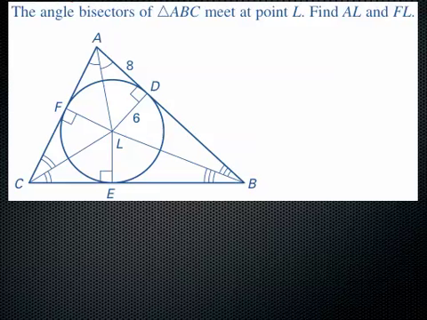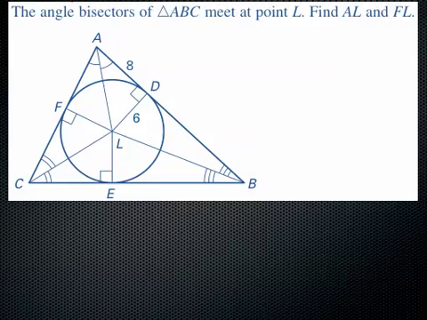Notice AL is the distance from an angle to point L, so it does not have to be congruent to any other segment. It also asked me to find FL. If you notice, segment FL is measuring the distance from point L, or the incenter, to the side of my triangle. So FL will be congruent to, in this case, LE and LD.